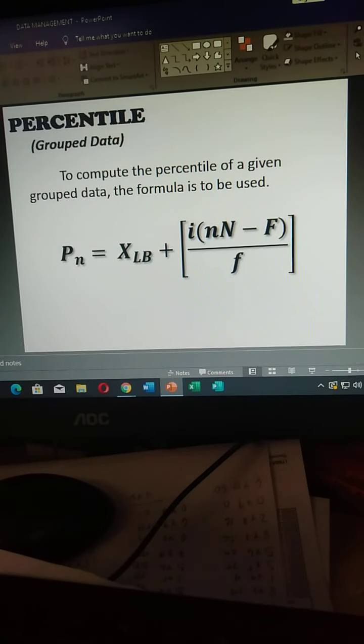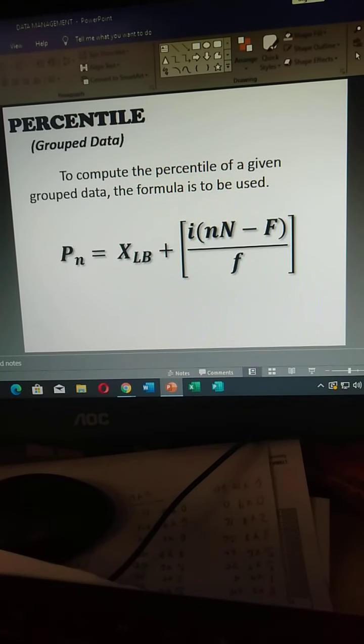Sabi ko kanina, this formula in percentile for group data is the main formula na gagamitin nyo kahit ang hinahanap is hindi percentile, kahit quartile pa yan, kahit decile pa yan, ang gagamitin mong formula is still the percentile formula. Basta alam mo lang gamitin yung n.